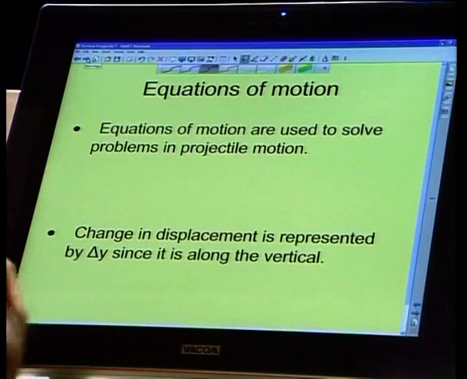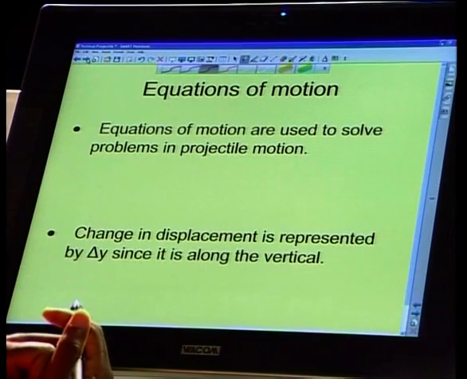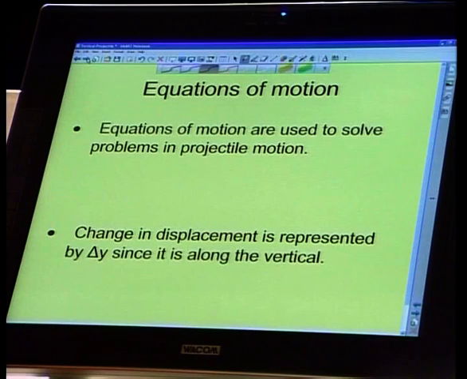All right. Now, how do equations of motion apply to vertical projectile motion? The equations of motion we worked on when we were revising grade 11 work applied to horizontal motion, what we call rectilinear motion. But can we use the same equations for this type of motion?